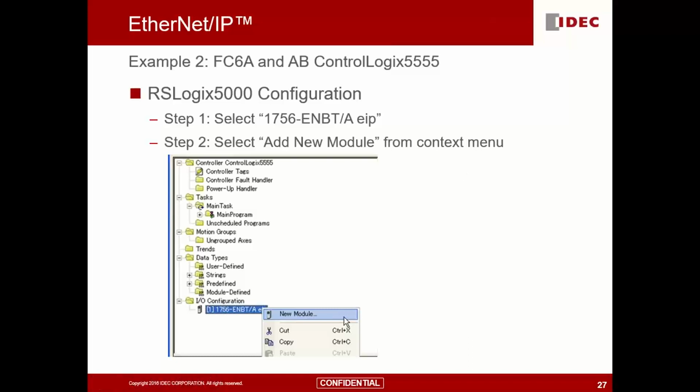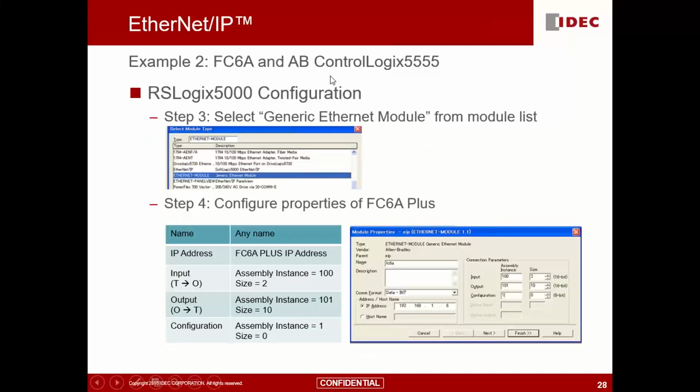I'm going to go through this fairly quickly because most of us will not be familiar with the RSLogix software. So you select generic Ethernet module from the module list. Configure properties of FC6A Plus.